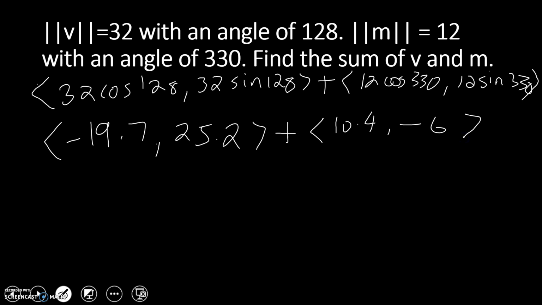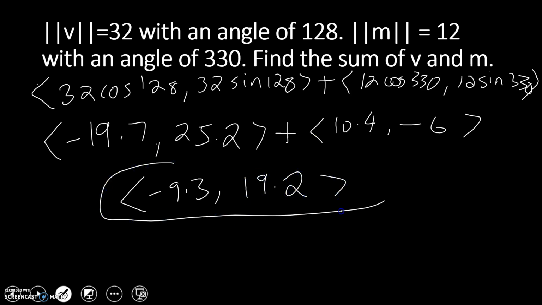So negative 19.7 plus 10.4 gives you negative 9.3, and 25.2 minus 6 gives you 19.2. This, my friends, is going to be your answer.